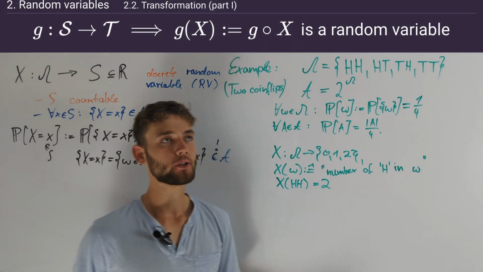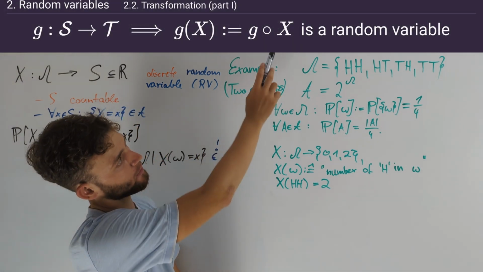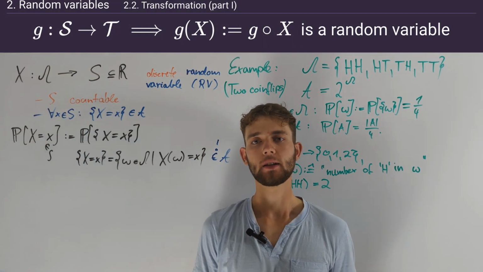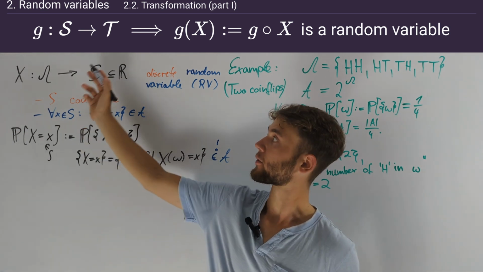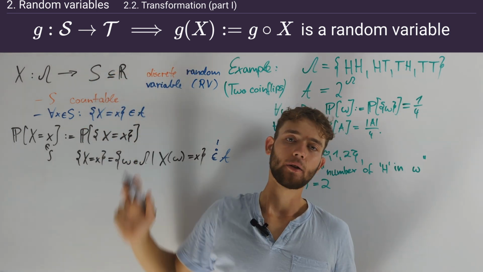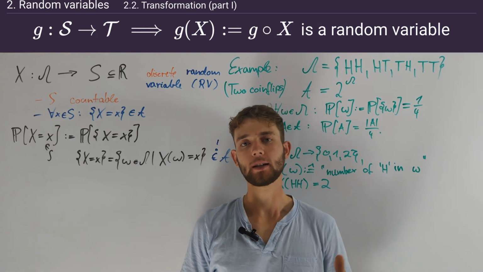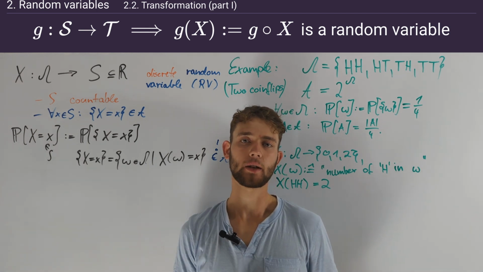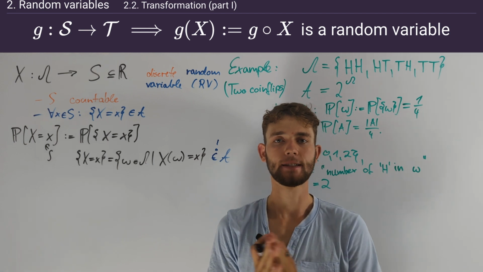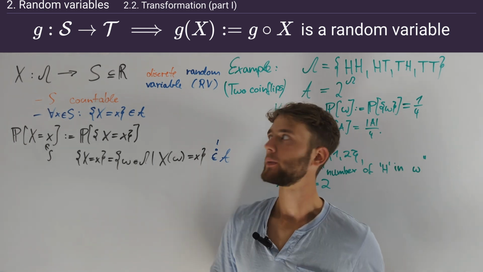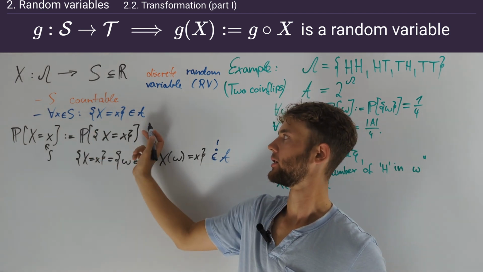We are now going to quickly cover the transformation of random variables. Namely, given any random variable X and a function g from S to T, the composition of g and X is again a random variable that we will denote by g of X. To prove that g of X is indeed a random variable, we need to make sure that this condition still holds.